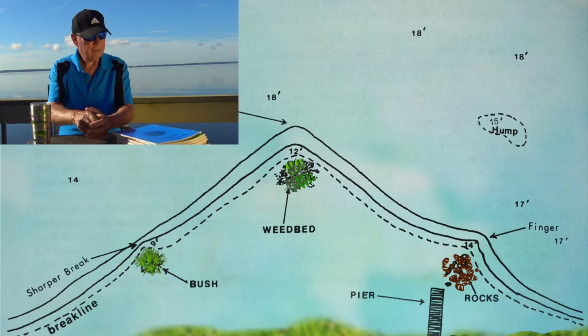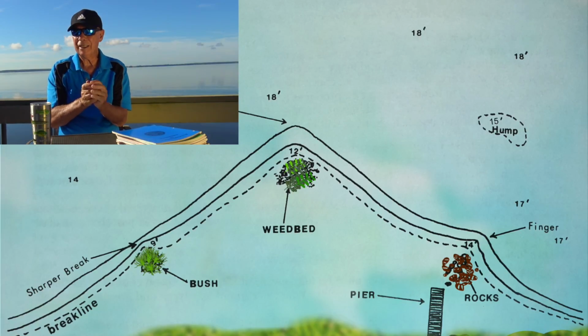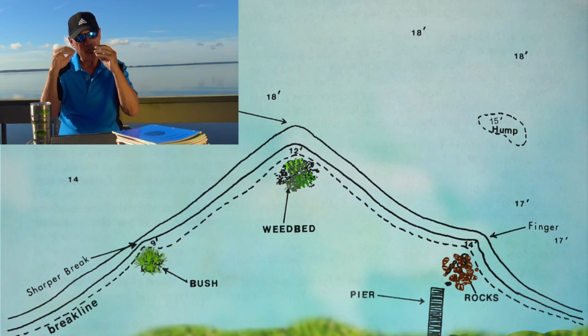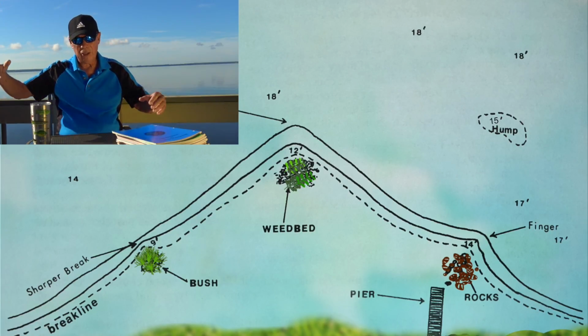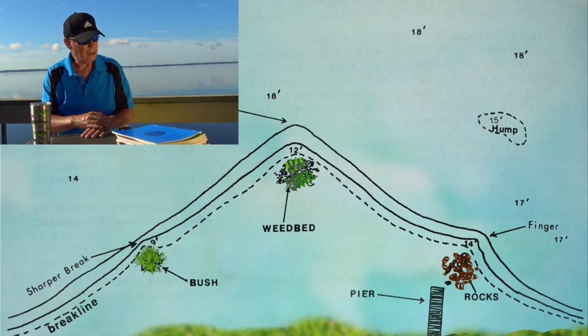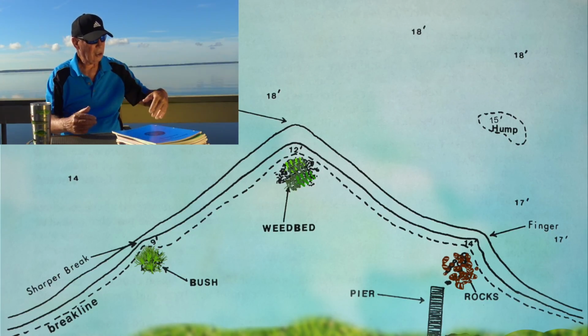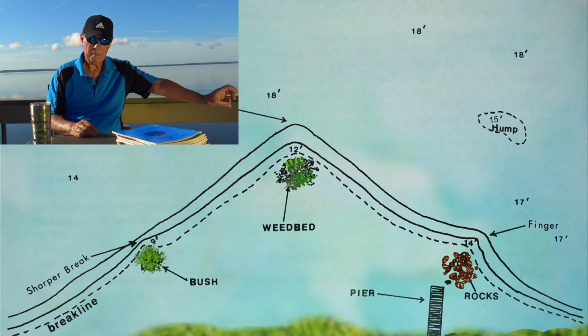So in this little bit of testing and teasing, to get your mind working, we're using this bar that you're seeing in the diagram, and I'm going to ask you a set of questions. As you're looking from the shoreline out, on the left-hand side of the bar, we see a sharper break occurring.